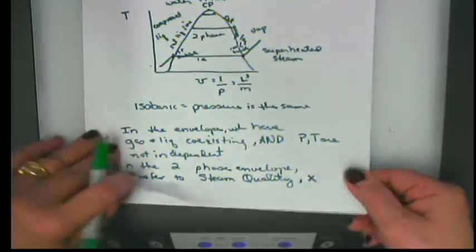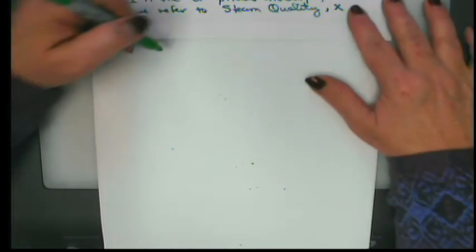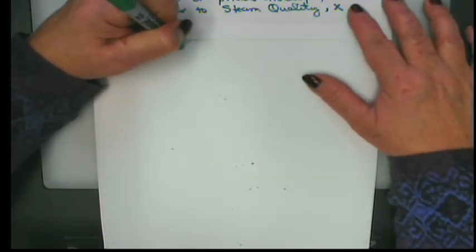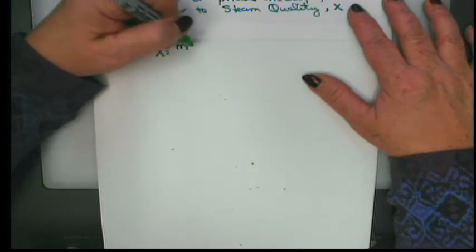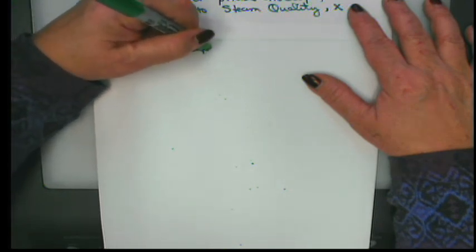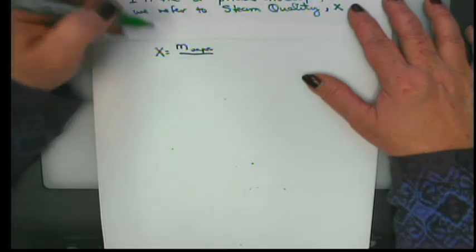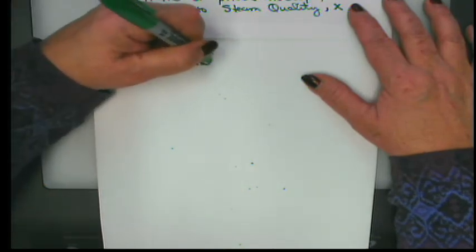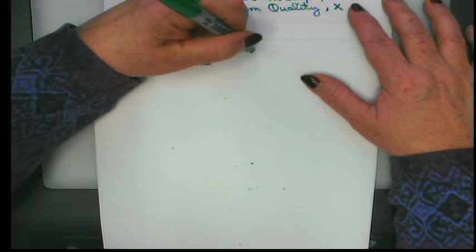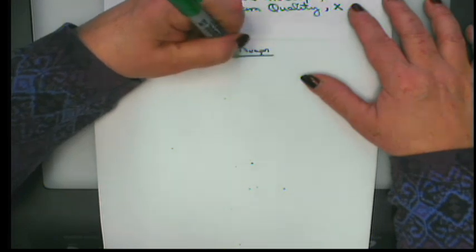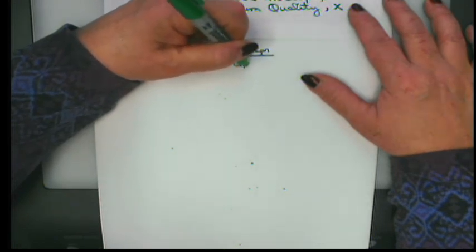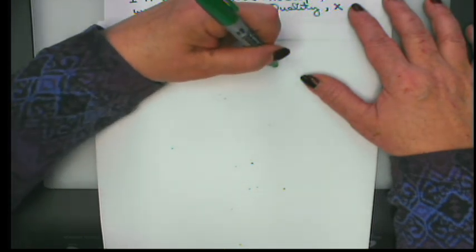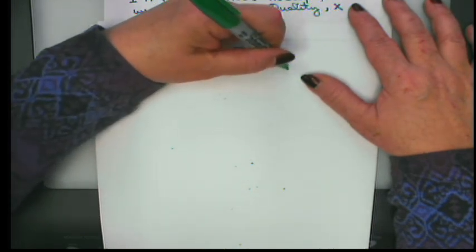So what is X? Steam quality, X, is the relative mass that exists in the vapor phase at a particular condition over the total mass. Or you can say the mass that exists in the vapor phase divided by the mass in the vapor phase plus the mass in the liquid phase.